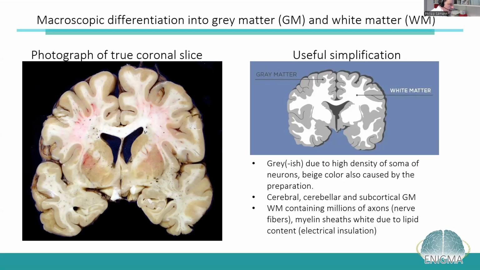The white matter contains millions of axons, and its color mainly stems from the high lipid content that is needed for the electrical insulation of the axons.